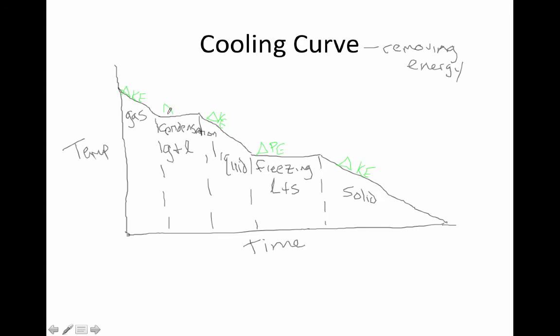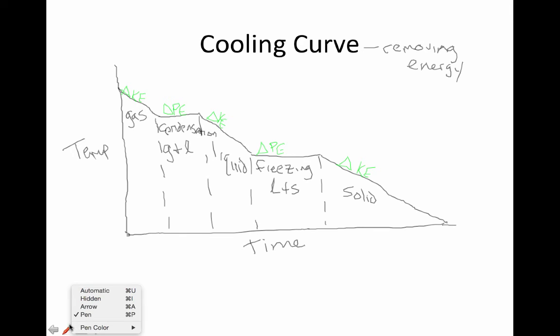In this case, though, when the energy is removed, the particles move closer to each other and the forces of attraction are getting stronger. And in this case as well, in the kinetic energy, the particles are slowing down.